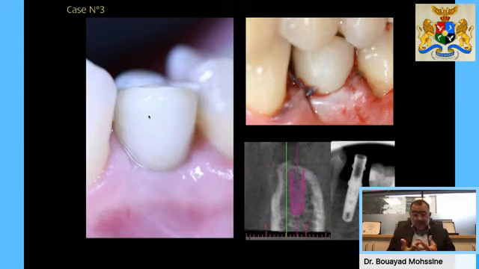In this case, we place the implant in the good position, and we have a good stability of the implant, and we choose to place a provisional crown in the same stage for creating new soft tissue around the temporary crown.